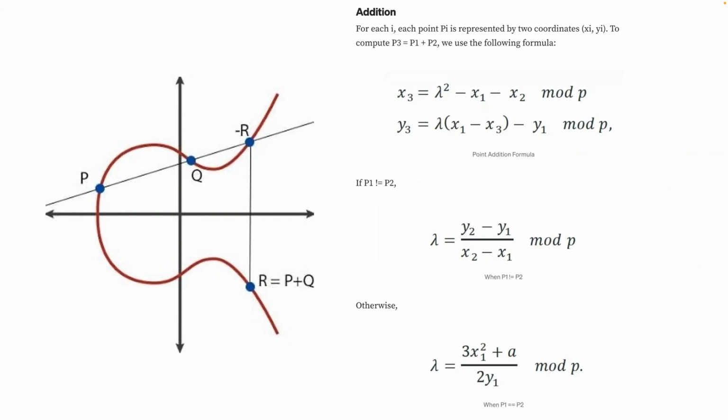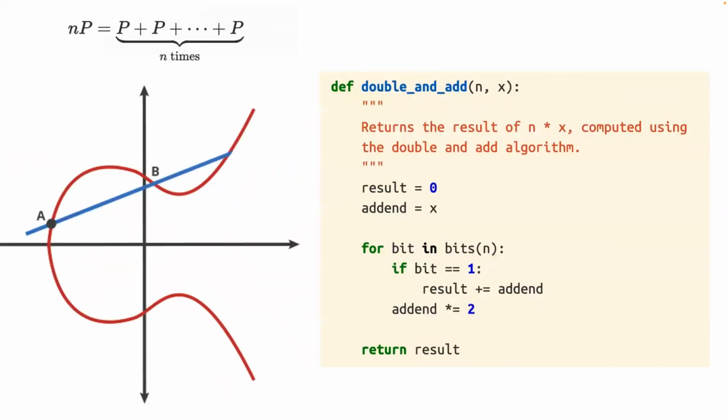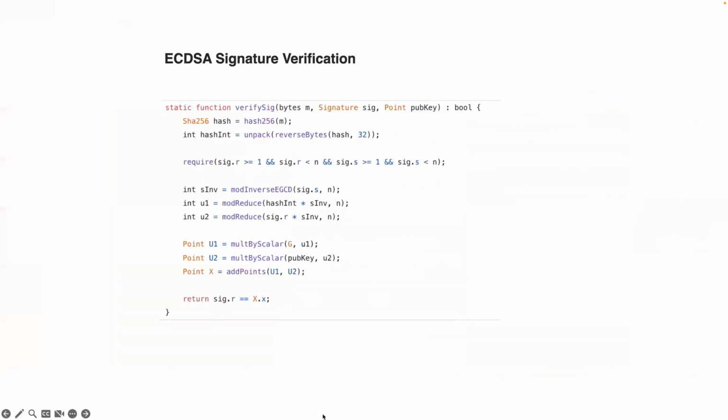The good news is we already implemented point addition and scalar multiplication. So now you have the primitives. Once you have these two primitives, you can do tons of other things. This is the library we already have, so you don't have to program it. Here we're just showing one example.